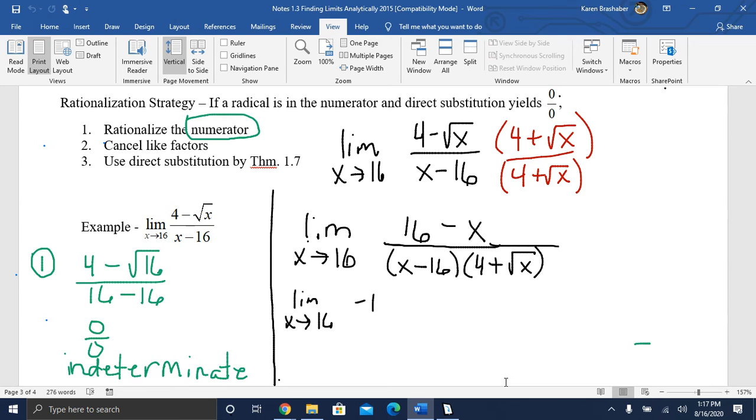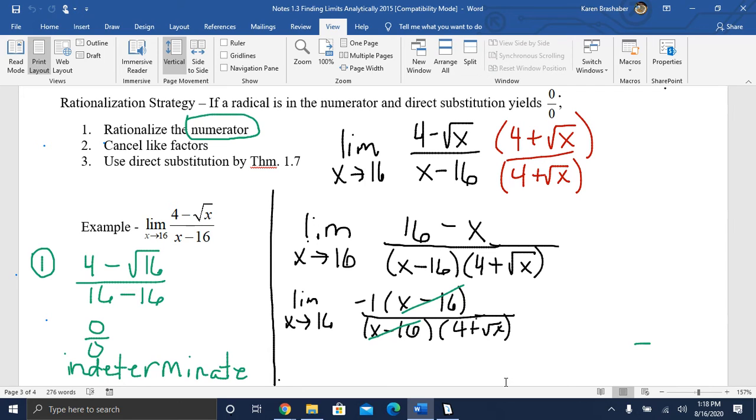I could factor out a negative 1, and that would make me have x minus 16. If you factor out negative 1 from the numerator, leave your denominator alone. And now I think you'll be able to see it a little bit easier. We are able to cancel the common factor in the numerator and denominator.